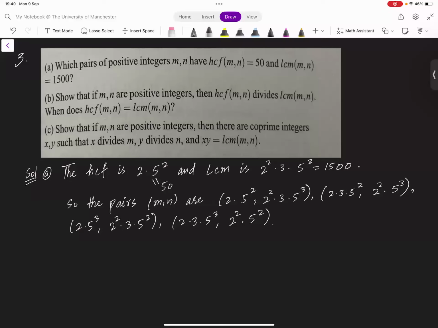Now, these are the pairs, and by looking at the prime factorization of these HCF and LCMs, you can write these kind of pairs. Okay, perfect.